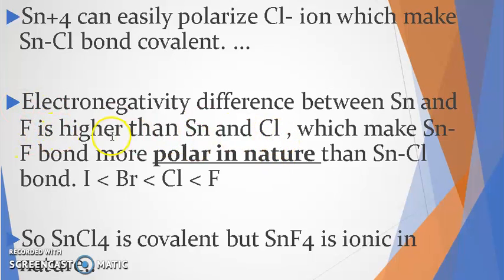So there is a greater electronegativity difference in Sn-F than in Sn-Cl, which makes the tin-fluorine bond more polar in nature. That is why tin fluoride is ionic in nature.